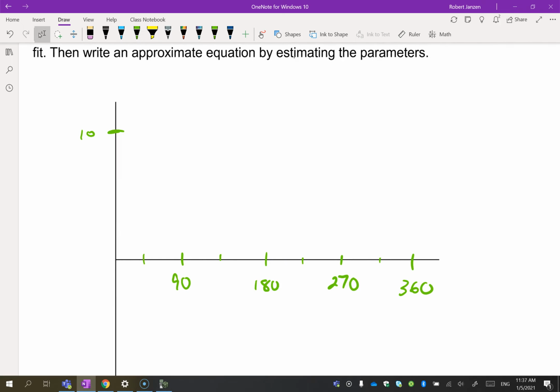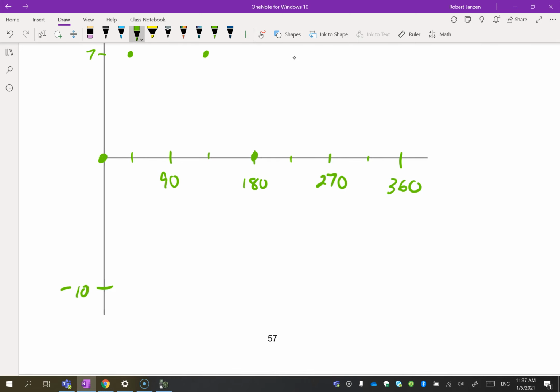At 0, 0, at 45 degrees, we're at 7. And then at 90, it's 10. I don't want you to just guess where these points go. They go very specifically on the graph in very specific locations.